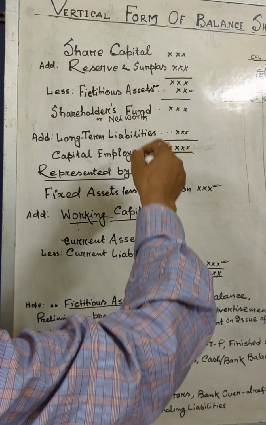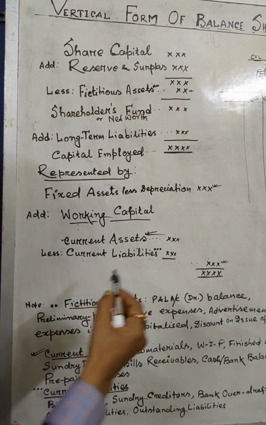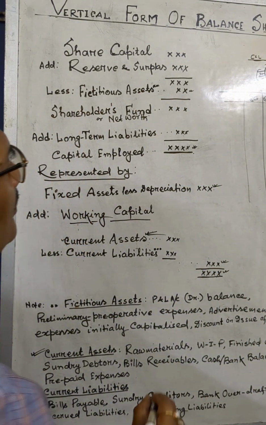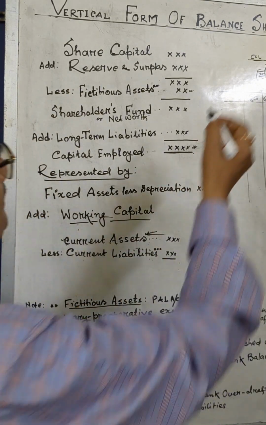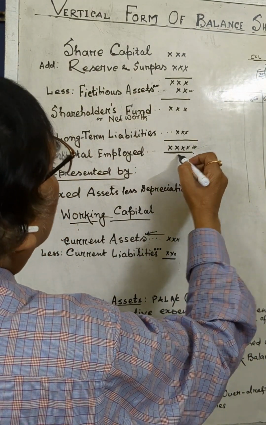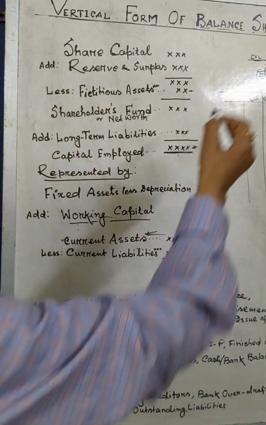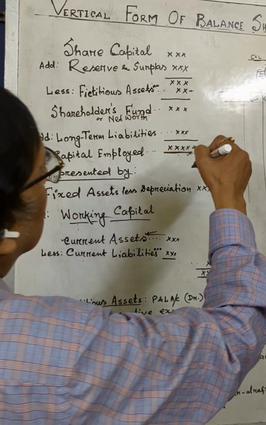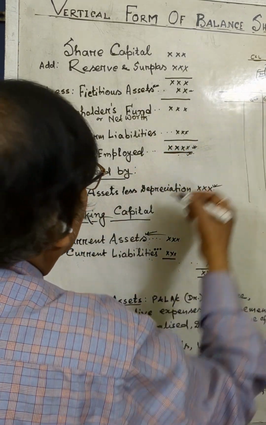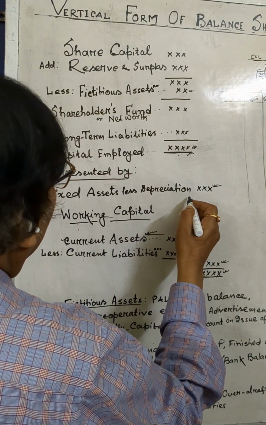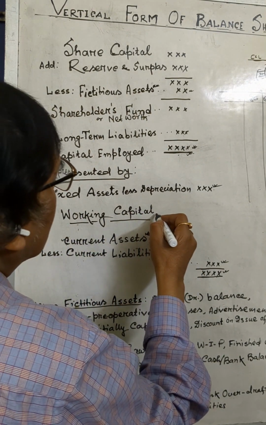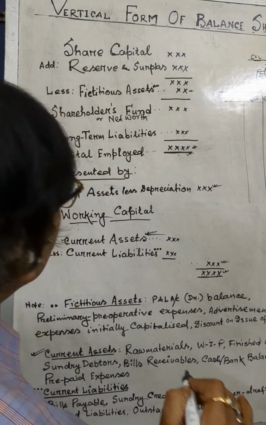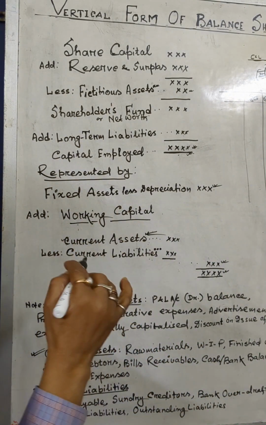This is the vertical mode of presentation of the balance sheet, and this total figure will be the same as this. I want to mention again that I said this is the total of these sides, but actually it is not like that. I have not considered the current liabilities here. In the vertical mode it is slightly different. With the assets figure, we have to add working capital, because all these figures will be used for the analysis of financial statements that I will discuss in my next video.